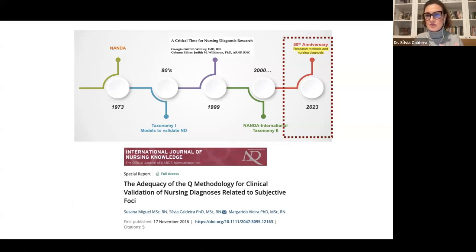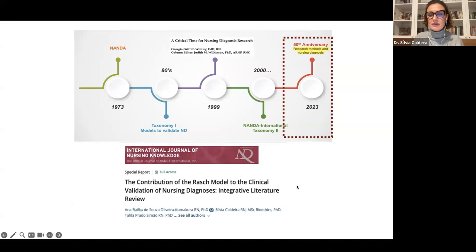And this is quite interesting because it opens new doors and opportunities for us nurses to look after different methods to do and to proceed with our research.